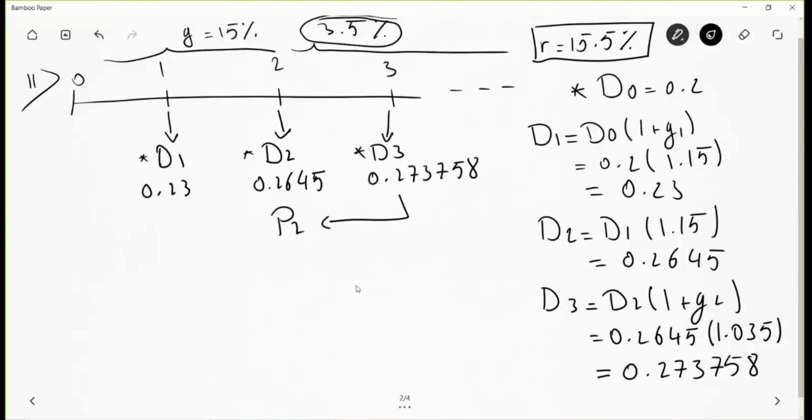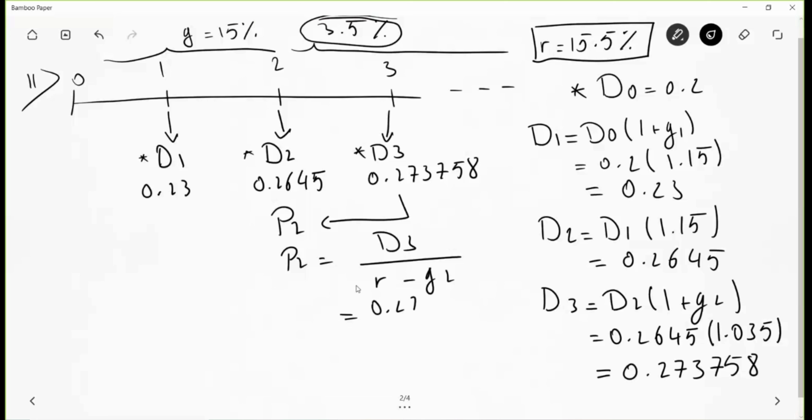I go back now 1 year to year 2 and I compute the price in that year. Because now for P2, I can apply the constant growth model formula. I can say that P2 equals D3 divided by R minus G2.